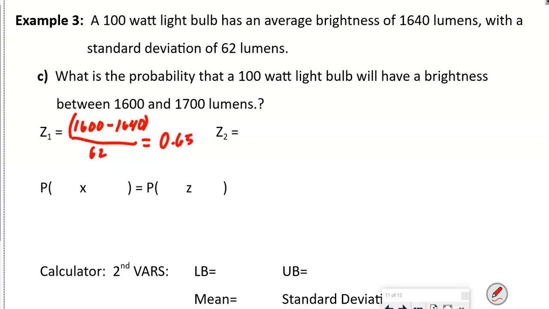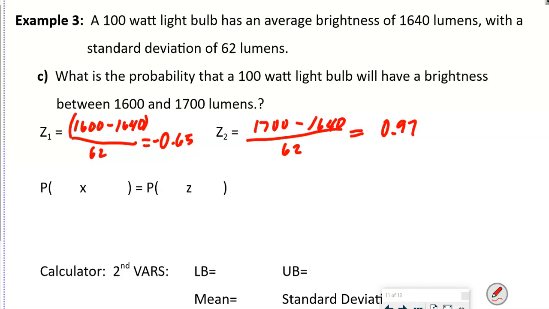And then we're going to find our other z-score. So we're going to find the 1700: 1700 again minus our 1640, again divided by our 62. So that one was 0.97.